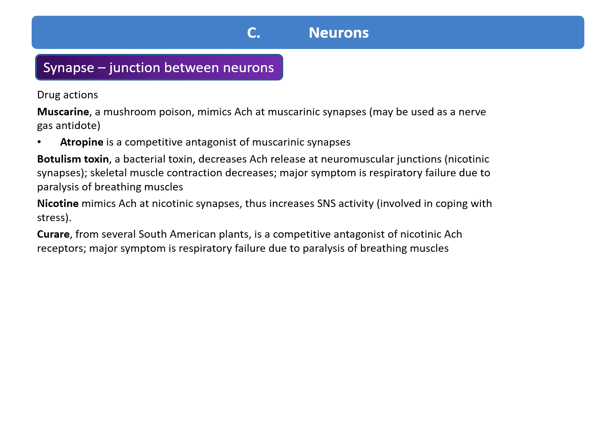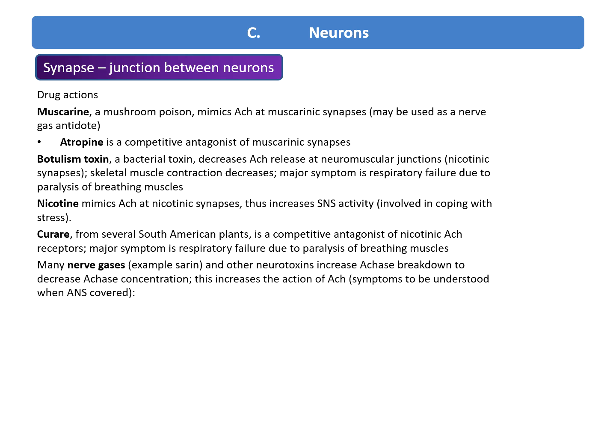Major symptom is respiratory failure, again, due to paralysis of the breathing muscles. Many nerve gases, for example, sarin and other neurotoxins, decrease cholinesterase concentrations. This then increases the action of acetylcholine, symptoms of which will be described when we get to the autonomic nervous system.